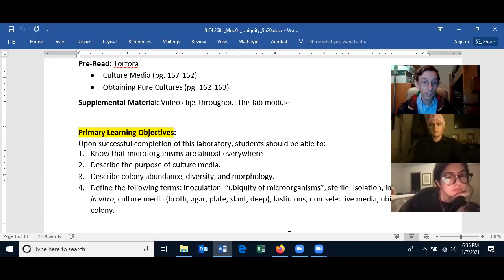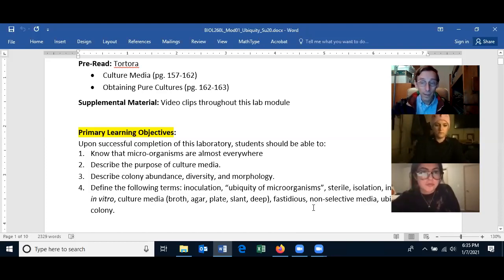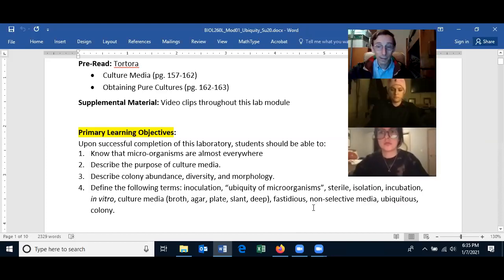Describe the terms colony abundance, diversity, and morphology. Define the following terms: inoculation, ubiquity of microorganisms, what's something that's sterile, we're talking about like media, sterile media, what is isolation, incubation, in vitro, like in vitro culture, what's a culture media, and there's different types.